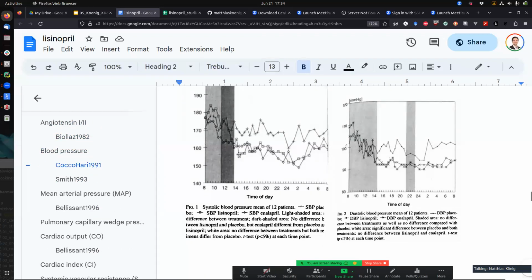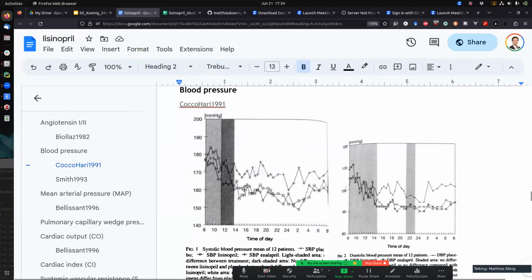And then for other things like the actual blood pressure, things are often much more complicated. It becomes very noisy, and I'm always not so sure what I'm seeing here.